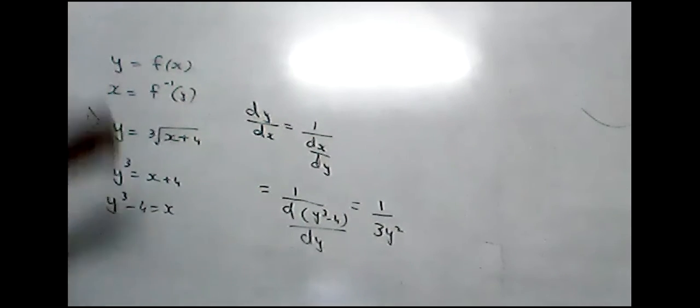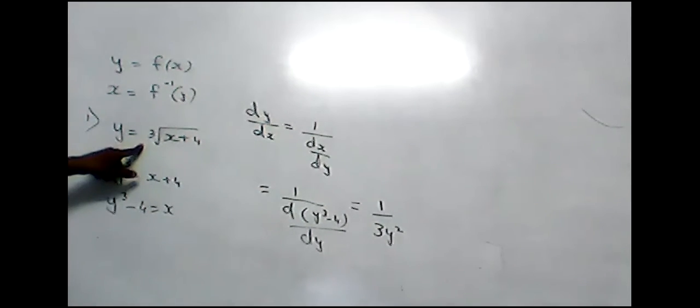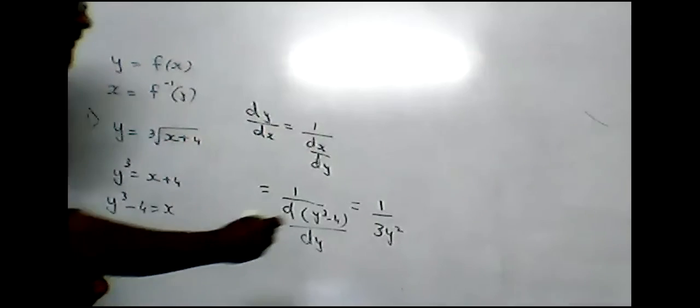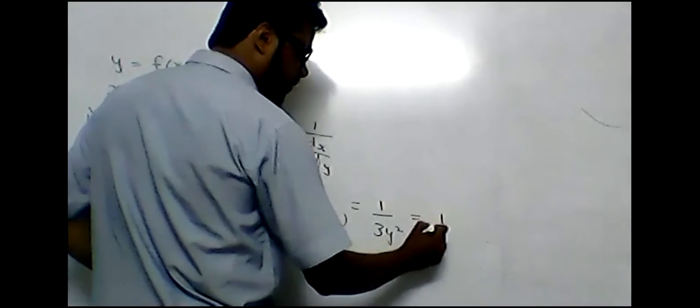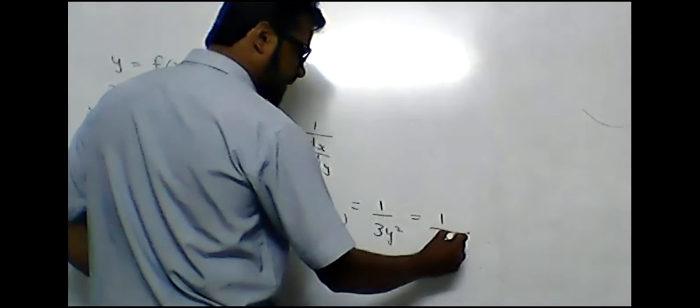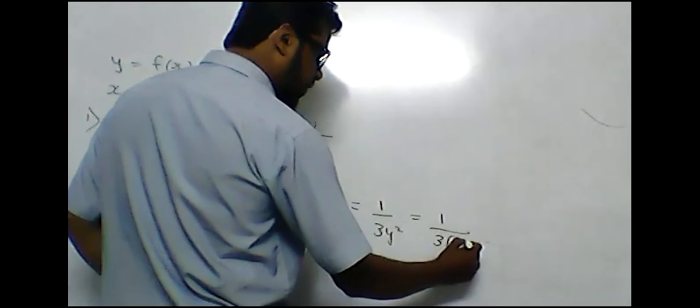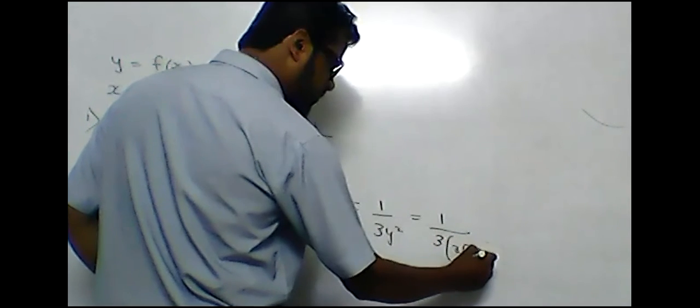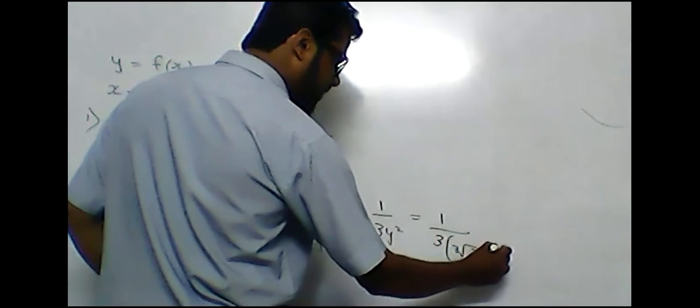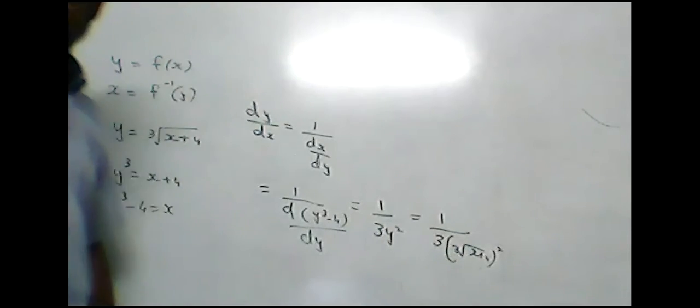Now y आपको पता है क्या? y is this one, right? y is cube root of, so this will become 1 upon 3 bracket में y is cube root of x plus 4, right? 4 bracket square. Clear?